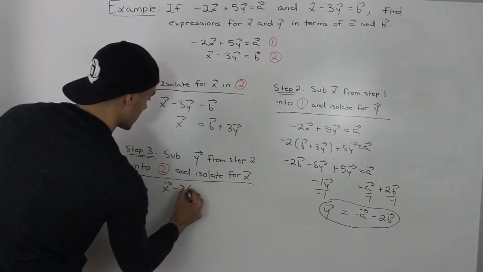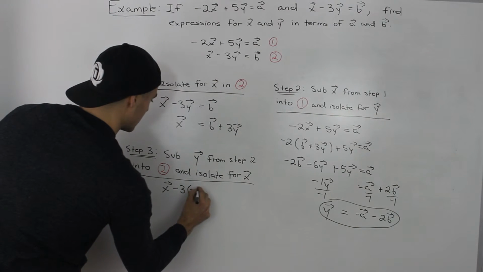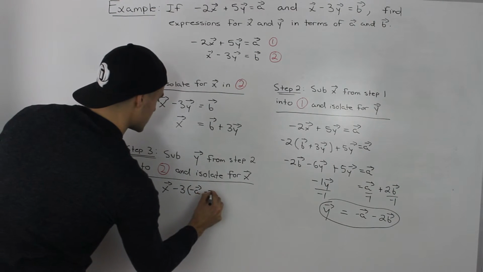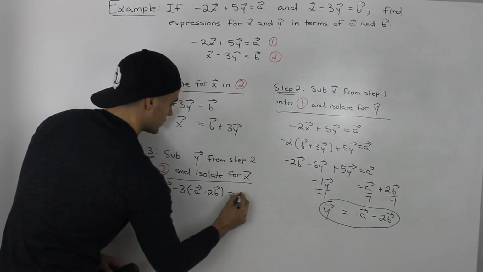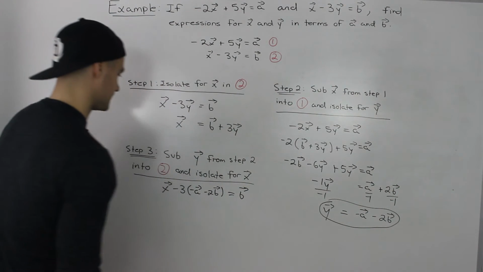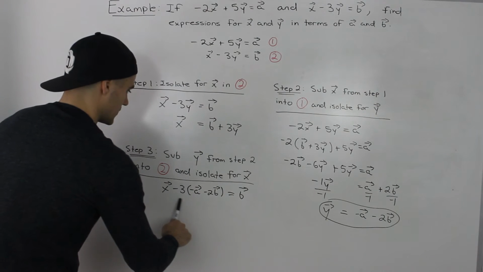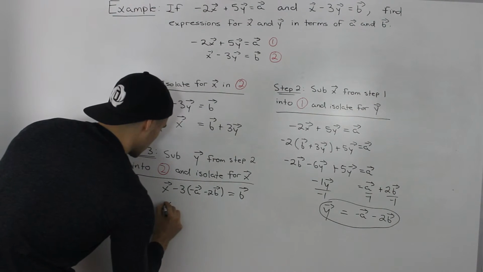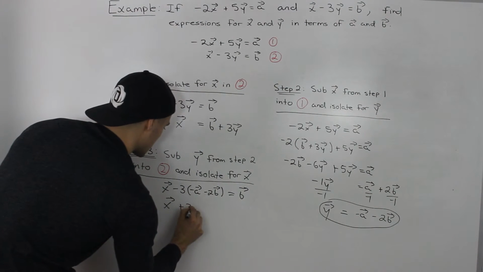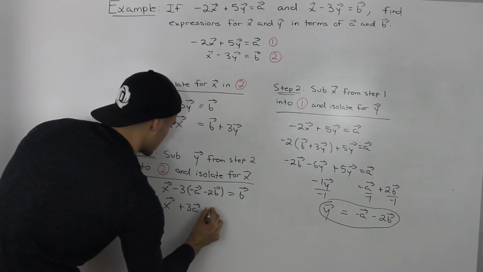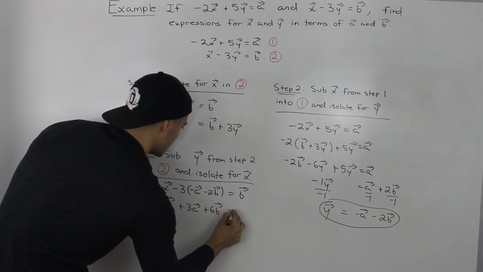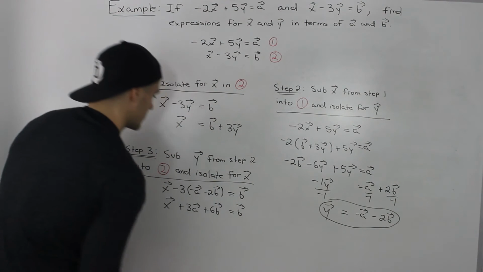So minus 3 times negative A minus 2b is equal to vector b. Now distributing this negative 3 inside the bracket, we would get x plus 3A plus 6b is equal to vector b.